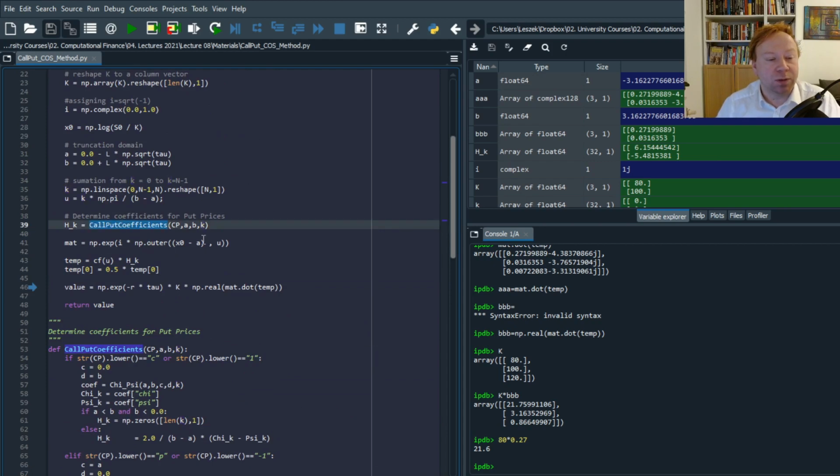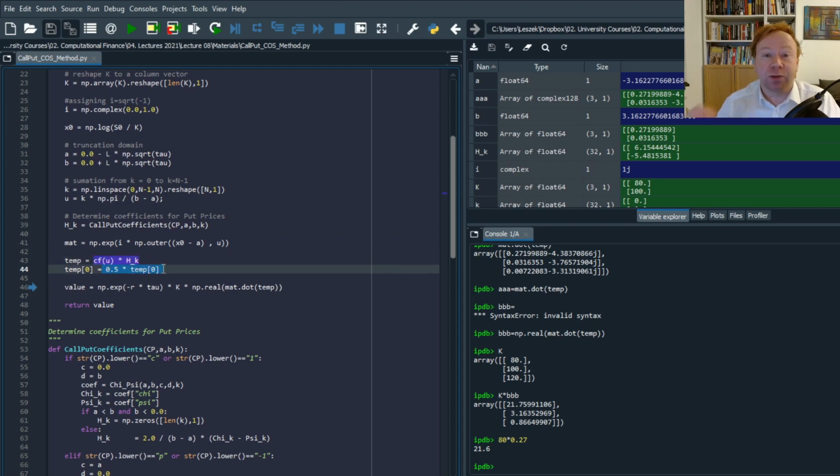And then we perform this matrix calculation. First we define a matrix, corresponding to the number of strikes versus the number of expansion terms. Then, like I already repeated before, we calculate the product of the two.